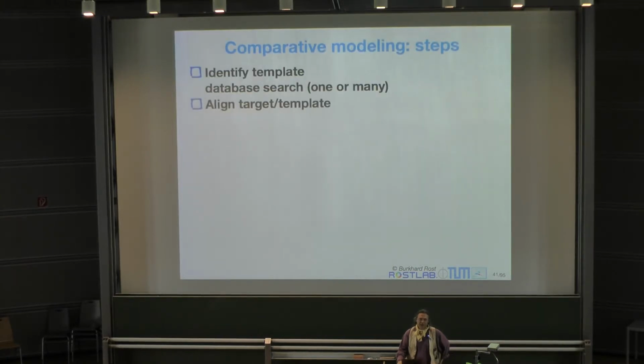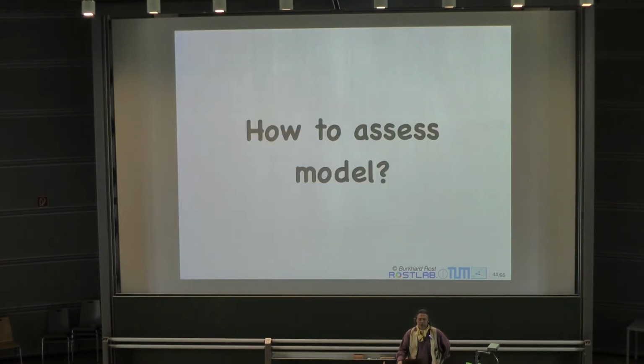And we identify it by aligning the target against the template. Then we build a model, and then we assess the model. Building the model is what I just said. I take every corresponding position implied by the alignment, and I read off the three-dimensional coordinates. Now I have a model. I have a three-dimensional object for my query protein, for my target.